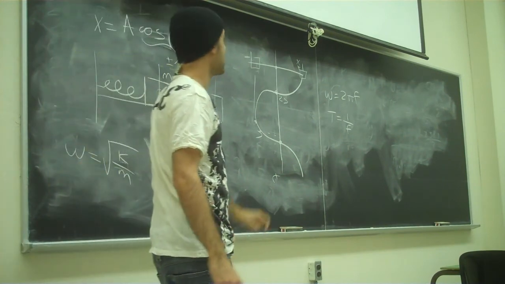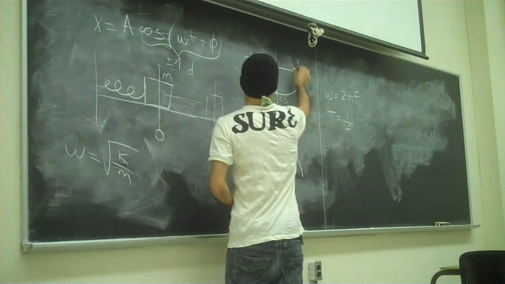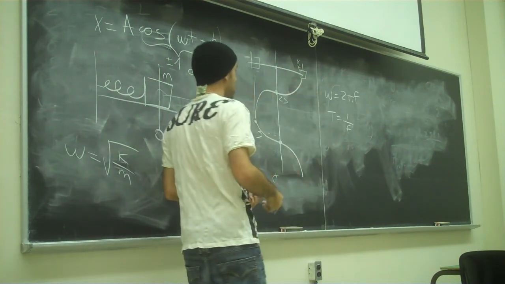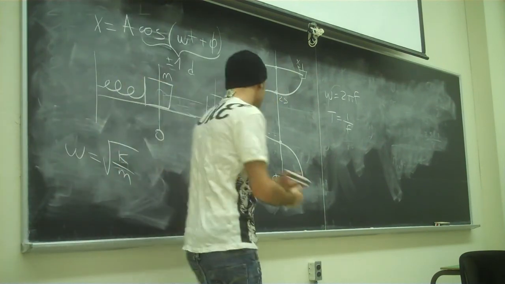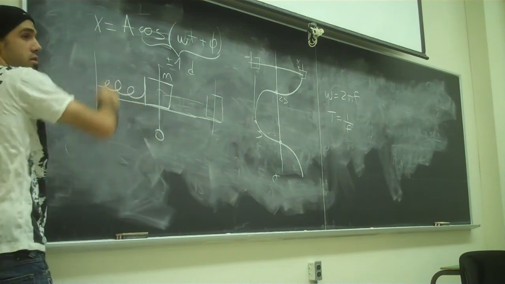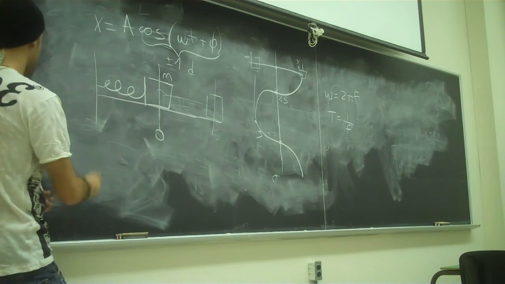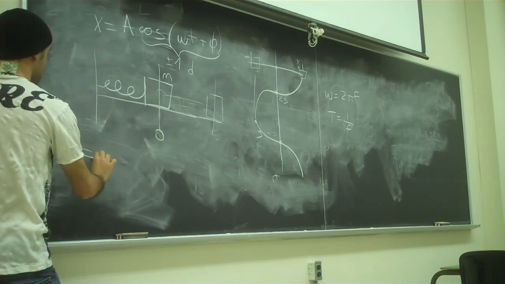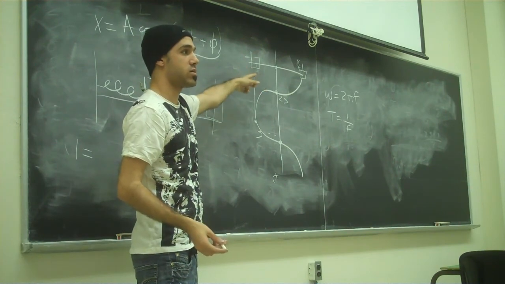Now, the way to find the actual initial phase angle, because it could be some random amount like here, is you basically say that initially, if x is equal to 1, then I would say 1 is equal to, and I know that the box starts at the right side, plus 1.